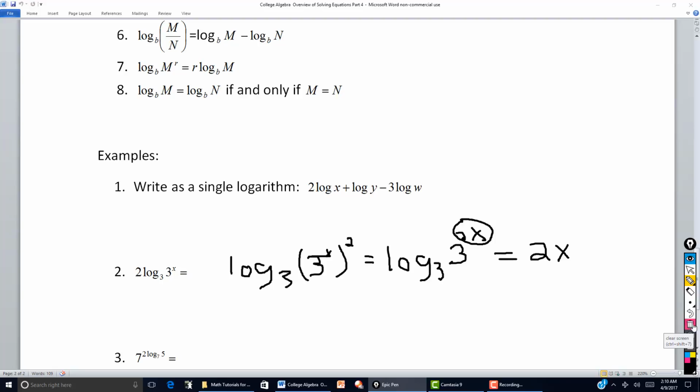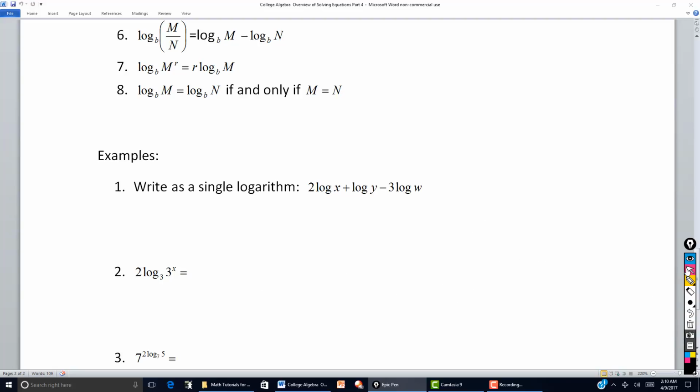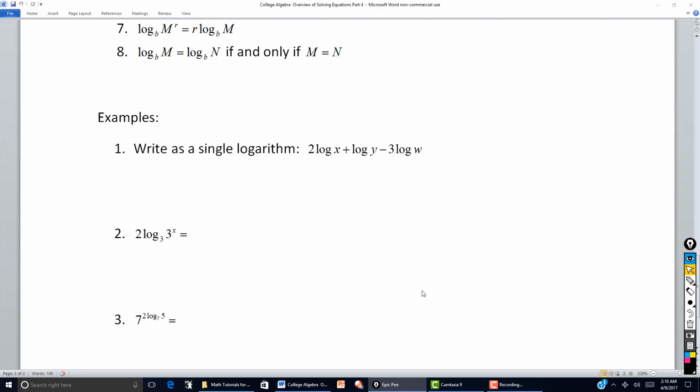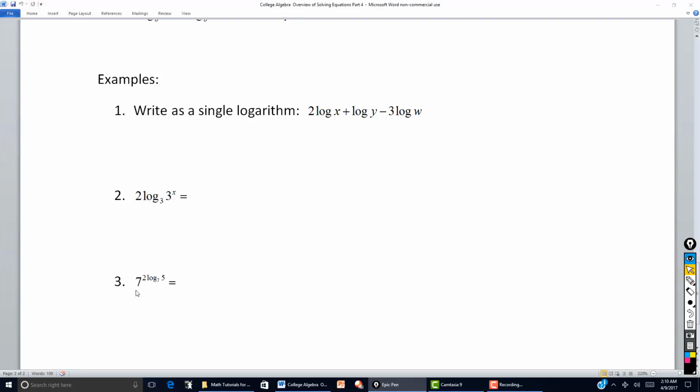Clear this. Okay. Number 3, in this section here, states if I didn't have this 2 here, I have a base taken to a power where the power has a log. So if I didn't have the 2 right here, 7 and 7, the answer would be 5.